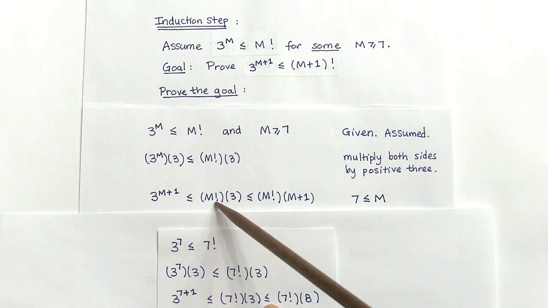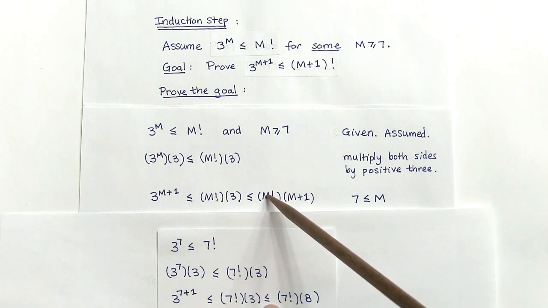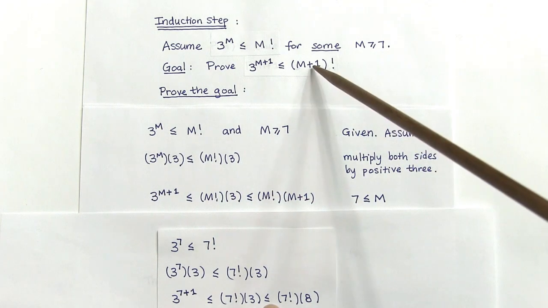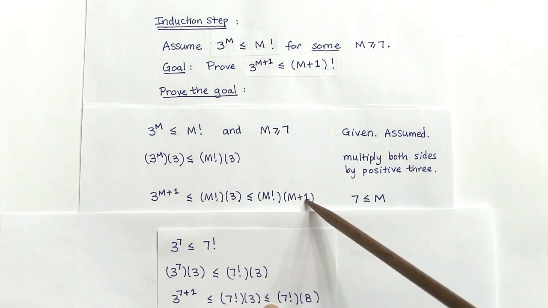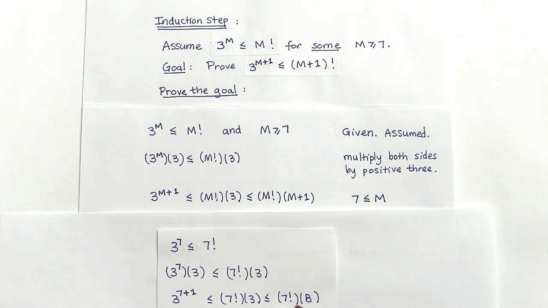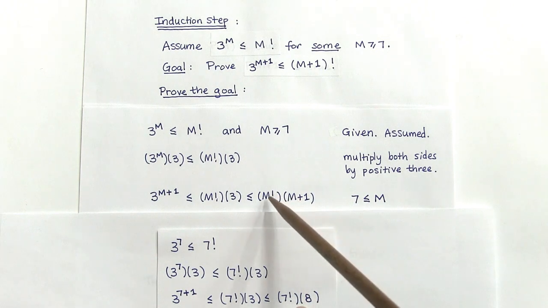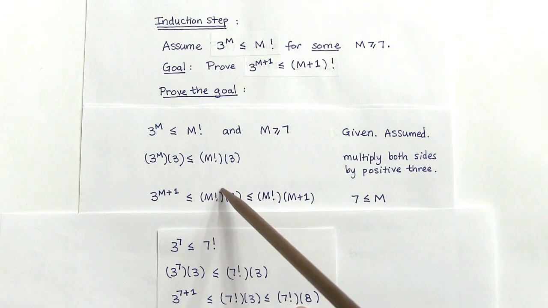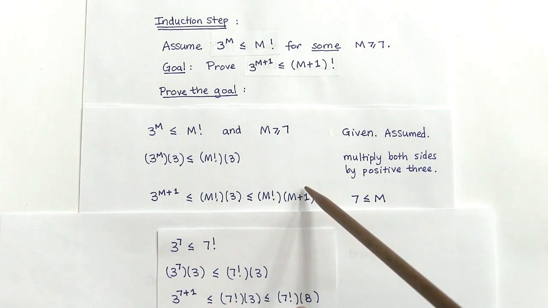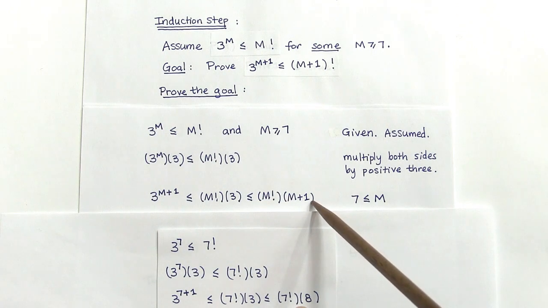So I need to multiply m factorial by m plus 1 to get m plus 1 factorial. In particular, that's what I did here. When m was 7, I multiplied by 7 plus 1, or 8, to get 8 factorial. And so in general, I need to bound this quantity by this quantity.